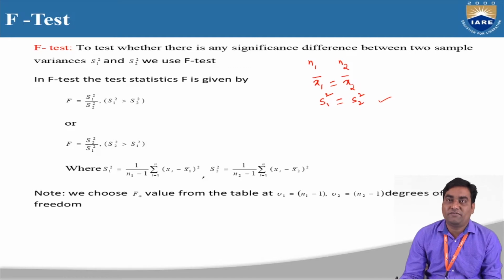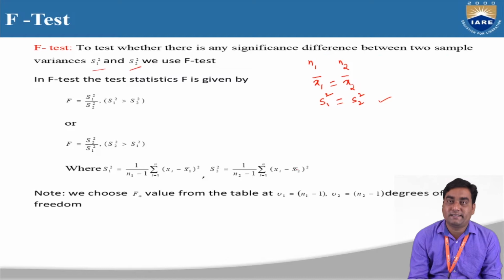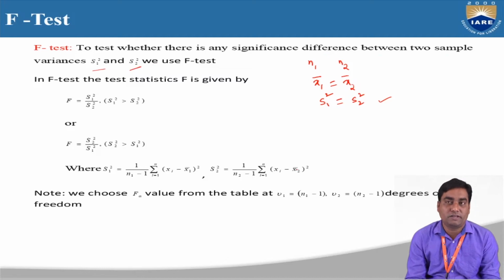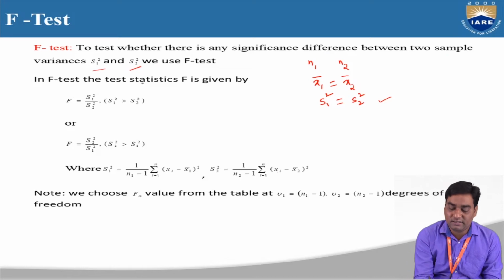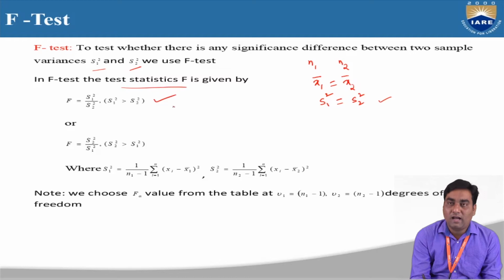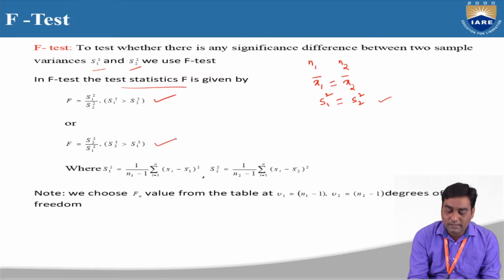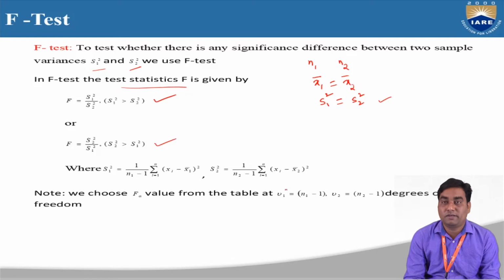The F-test is used to test whether there is any significant difference between the two sample variances s1 square and s2 square. In the F-test, the test statistic F is given by either F equal to s1 square by s2 square or F equal to s2 square by s1 square.